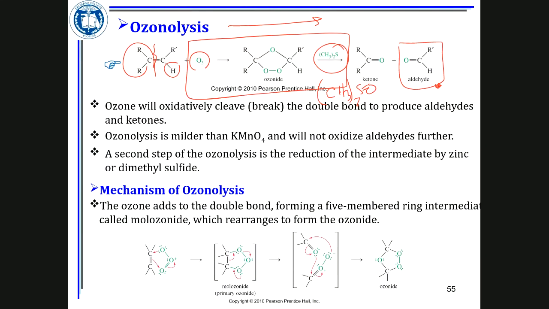One is permanganate, the other one is ozonolysis. Which one is the better choice? If the aldehyde stays as aldehyde, that means you have used ozonolysis. If the aldehyde is not there and it's changed to carboxylic acid, ozonolysis cannot work. You have to use hot permanganate, or permanganate concentrated and hot.